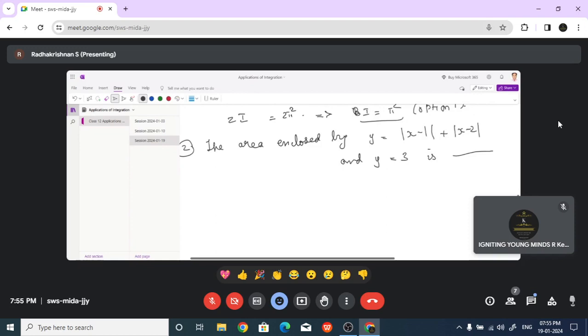What procedure will you follow to draw this kind of graph? Can one of you draw this? If you can draw the first curve, y equal to mod x minus 1 plus mod x minus 2, you are more or less done, because y equal to 3 is very easy and then finding the area will be very easy. So the first step is the toughest.